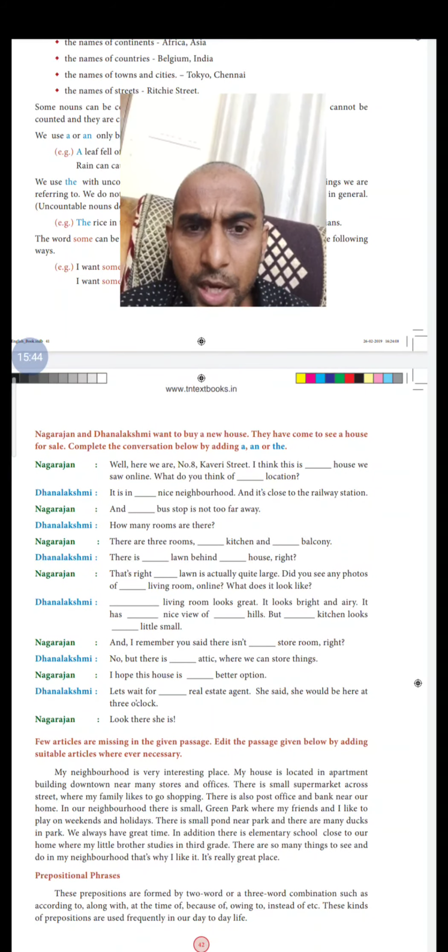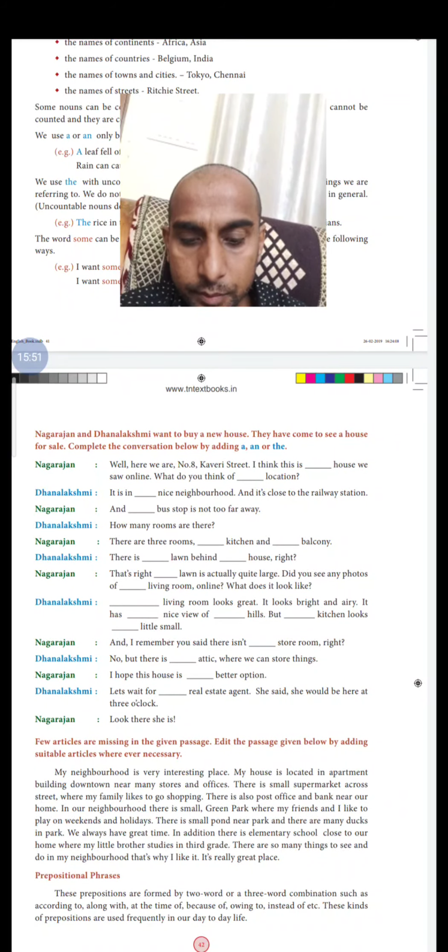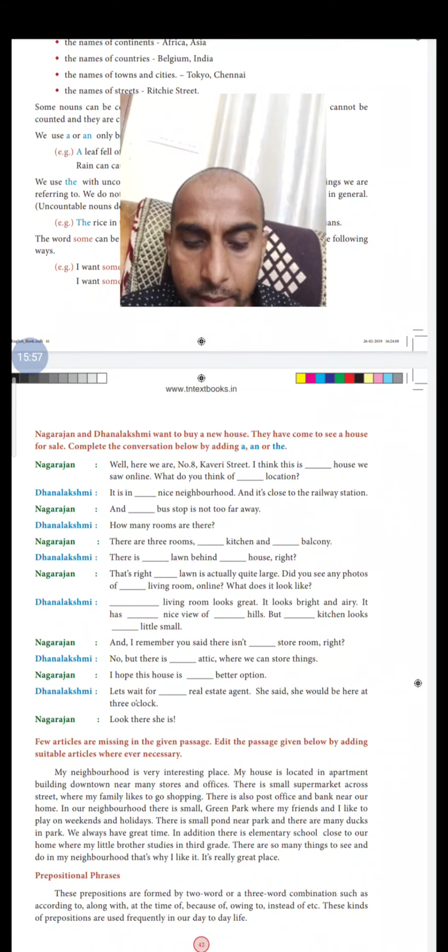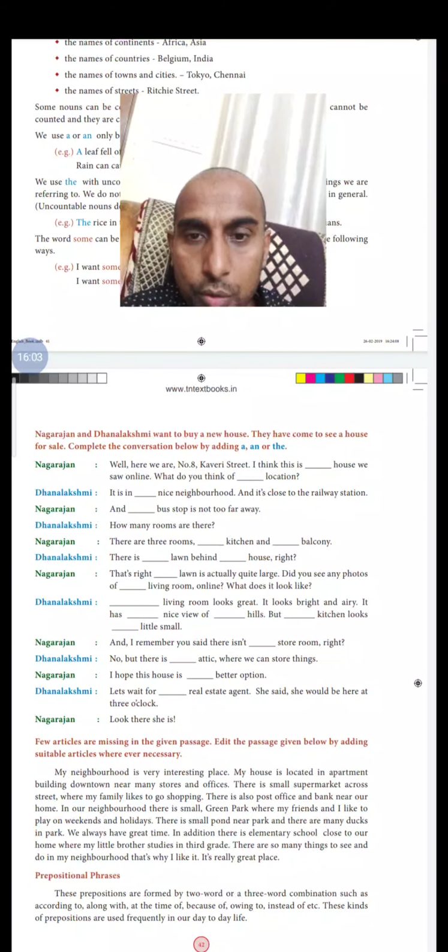Did you see any photos of the living room online? What does it look like? Dhanalakshmi: The living room looks great. It looks bright and airy. It has a nice view of the hills, but the kitchen looks a little small.